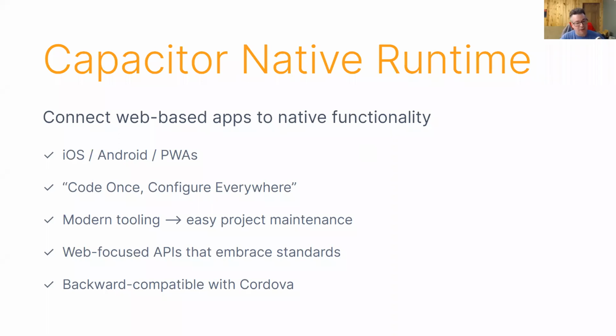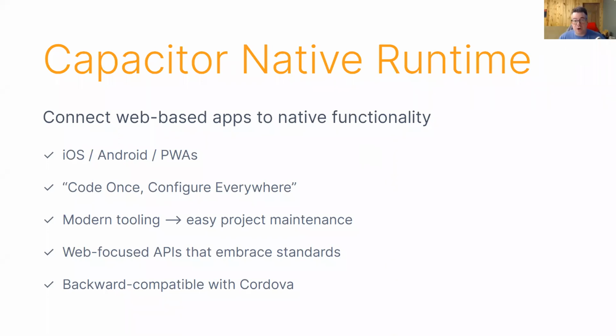A couple of key highlights to mention here: we really embrace a code once, configure everywhere mantra, which basically means that we're embracing the modern tooling that Xcode for iOS and Android Studio for Android provide. Before, with Cordova and others, there was a little bit of an abstracted system and configuration that developers would work with. And the problem there is it would do a lot for you, but when you ran into issues, various specific operating system bugs, you'd often be stuck.